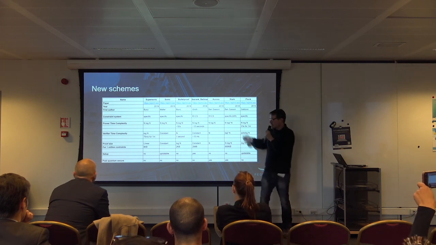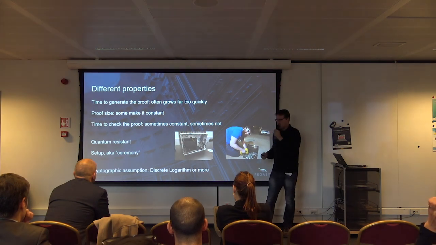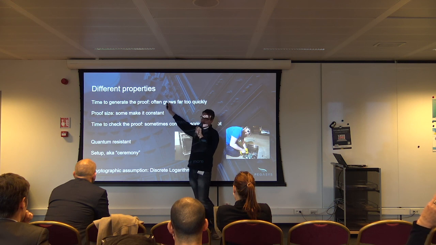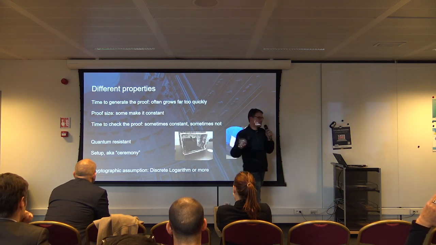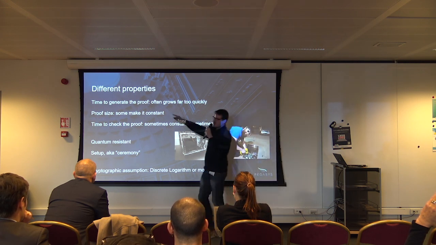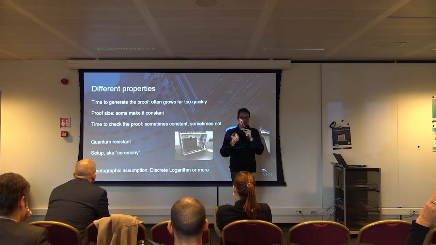With a lot of different subtleties that are there. That's the different properties that you have. So you're looking at the time you're going to need to generate the proof. Different schemes will be faster or slower. Okay? You're going to look at the size of the proof. Okay? When you're on a public blockchain, for example, you want the size of the proof to be very small.